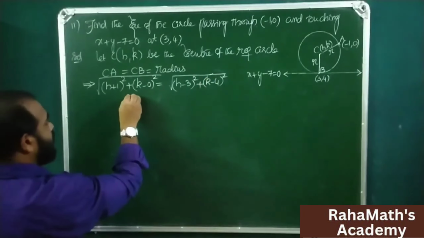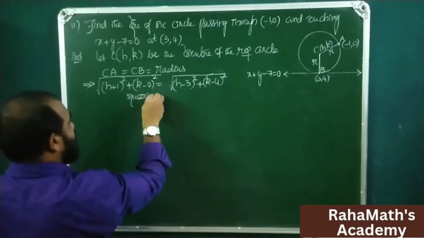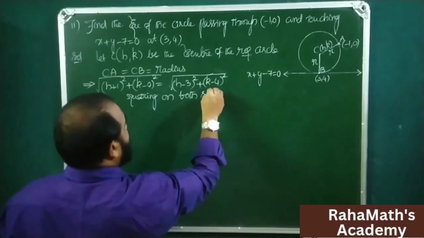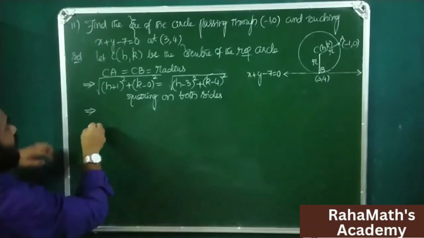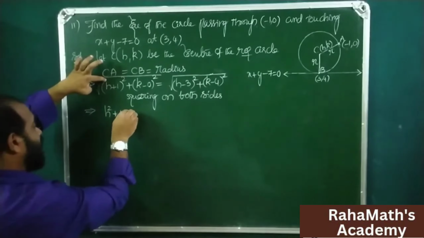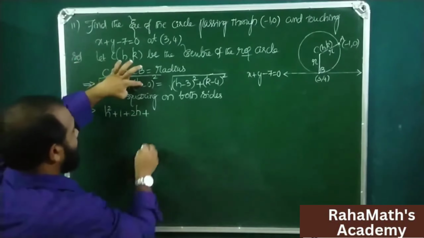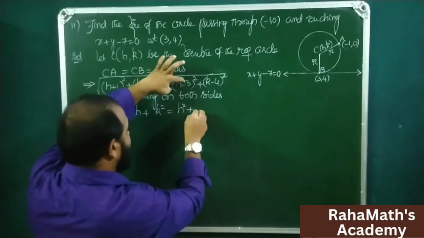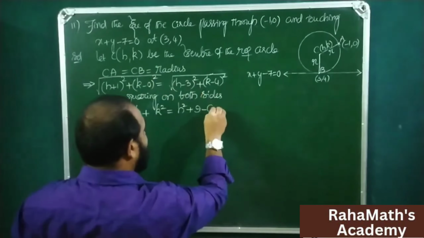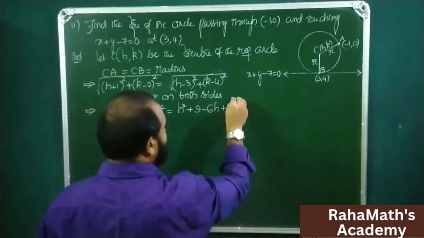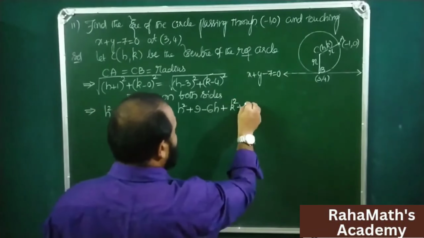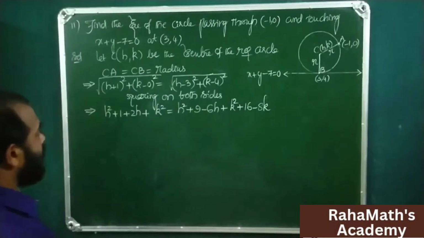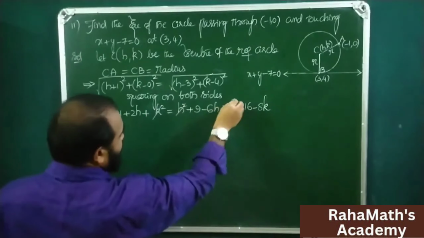So if I square on both sides, the square root remains cancelled. So this is h square plus 1 plus 2h plus k square equals h square plus 3 square 9, 2 3s are 6h, plus k square plus 4 square 16 minus 2 4s are 8k. So h square, k square cancelled.